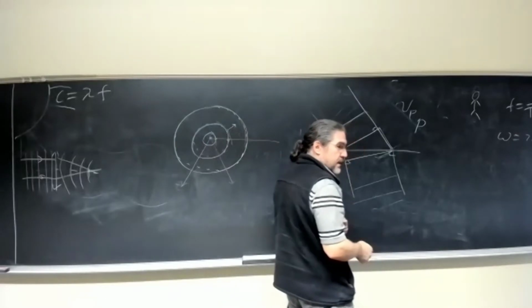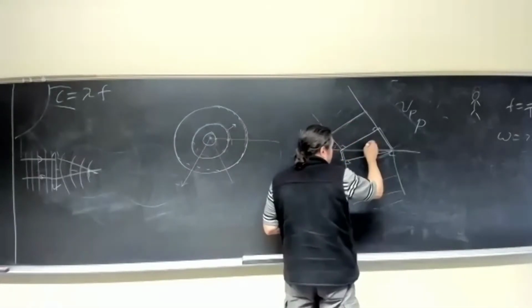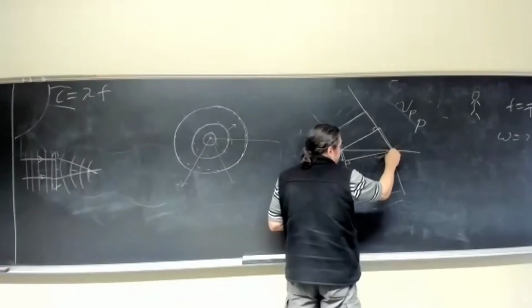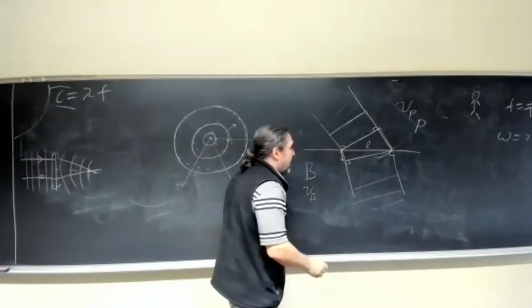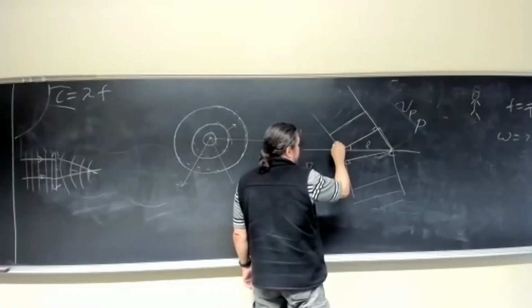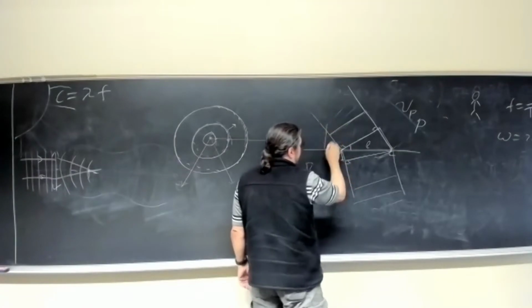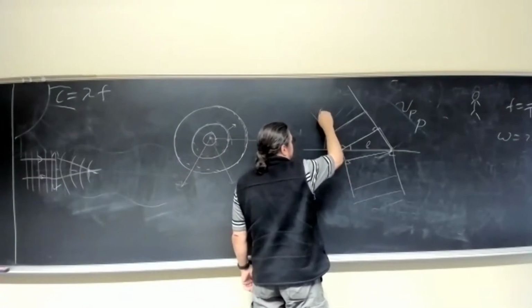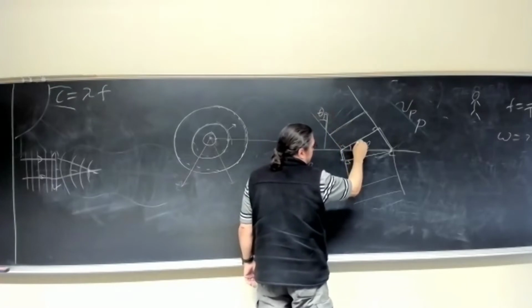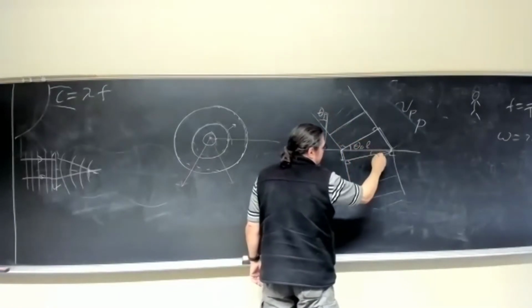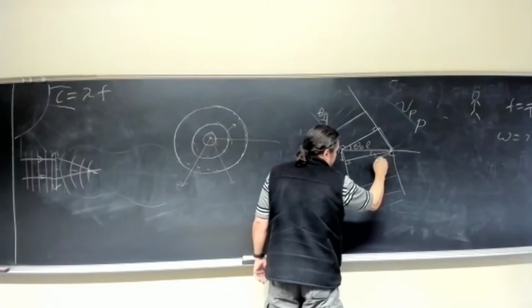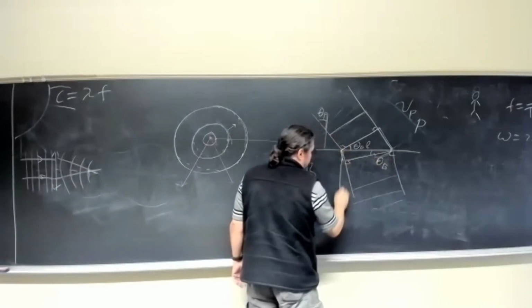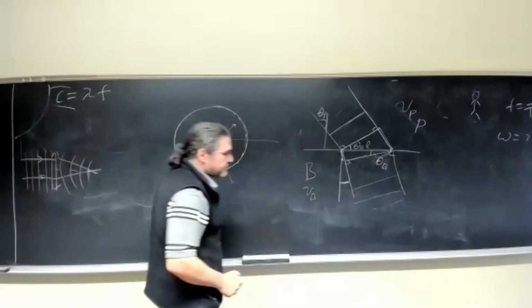Okay? So let's compute what we have here. Let's say that this distance is L. This angle is actually the same as the angle of incidence. So this is the pink angle, this is the pink angle, and this one is the blue angle, the same as this angle.